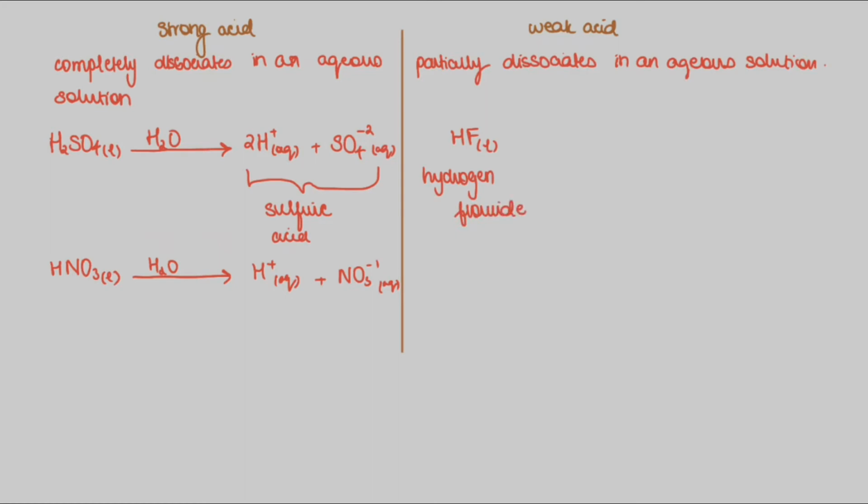However, when I add water and it dissociates to release H positive ion and fluoride ions in aqueous conditions, I call it hydrofluoric acid. Similar is the case with hydrogen chloride and hydrochloric acid, hydrogen bromide and hydrobromic acid.